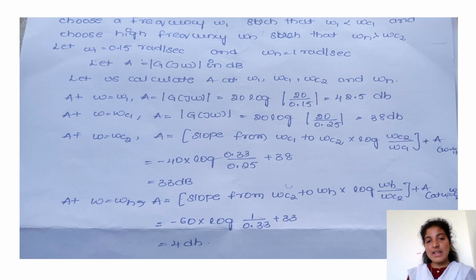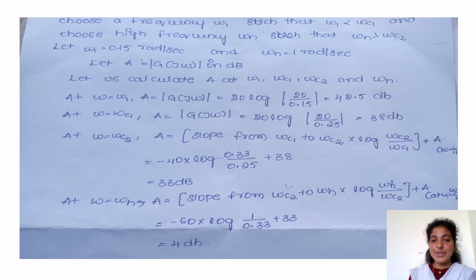At omega equal to omega l, A is equal to the magnitude of G(j omega), equal to 20 log of 20 by omega l, that is 0.15, and we get 42.5 decibels. At omega equal to omega c1, A is 20 log of 20 by 0.25, and we get 38 decibels. At omega equal to omega c2, the formula changes: A is equal to the slope from omega c1 to omega c2 into log of omega c2 by omega c1, plus A at omega c1.